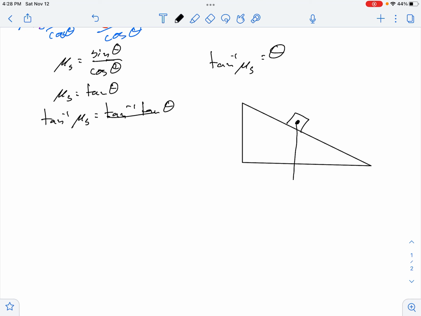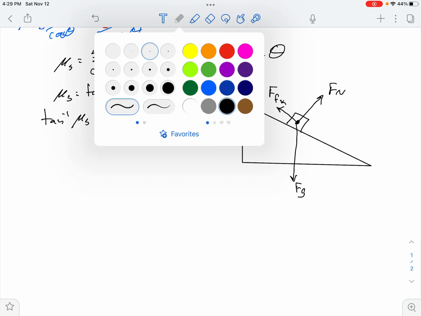So we've got force of gravity down, we've got the normal force perpendicular, and we've got the force of friction going up the ramp. I'm going to fill it in as force of friction K, because with this being part 2, the object is moving, so it's the force of kinetic friction.